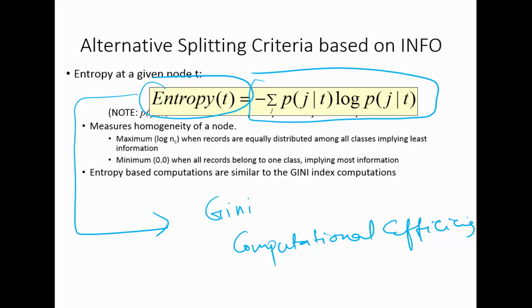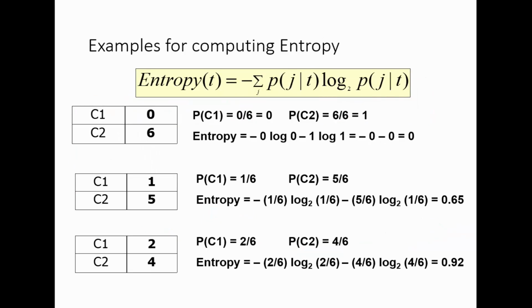So entropy is just another improvisation on Gini, where the computational power has now improved a bit, depending on the case, of course. Entropy is just another way of finding a criterion. The computation is very similar to what we have seen, except that the formula has changed now. You can see the formula was different. We were subtracting from 1, but it's now changed. Otherwise, the calculation is pretty much the same.